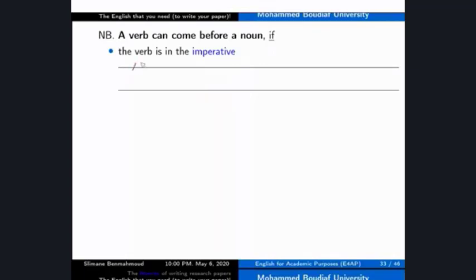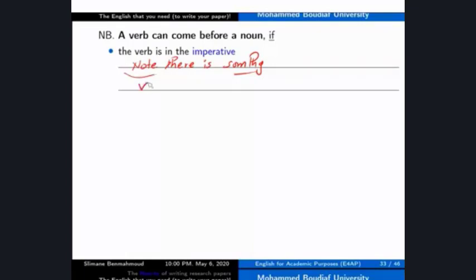Okay, here is an example. Note there is something. Here the verb is before the subject.